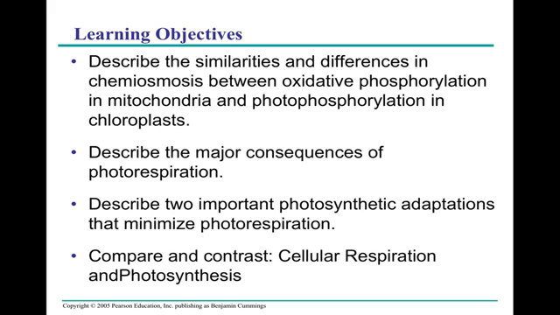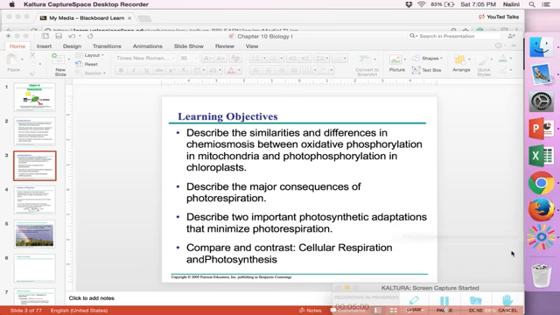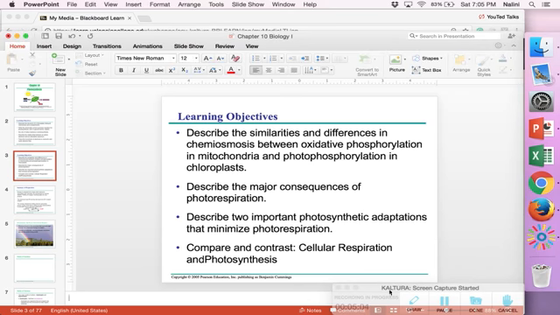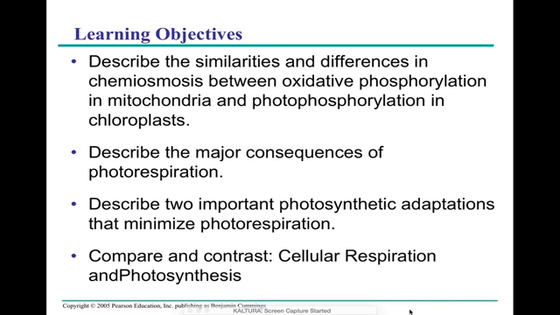But actually, it's not exactly the same molecules, or not the same process. So just remember that yes, chemiosmosis and electron transport chain do occur in photosynthesis.